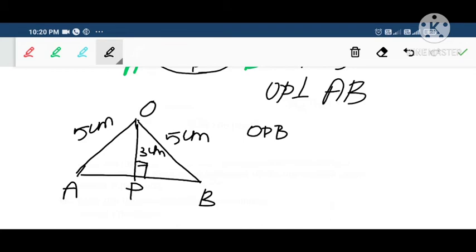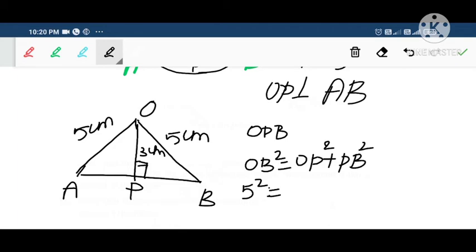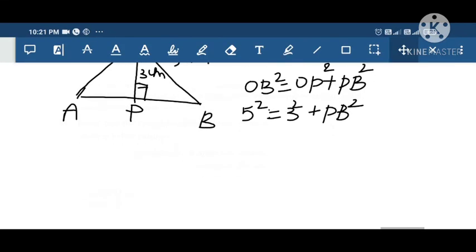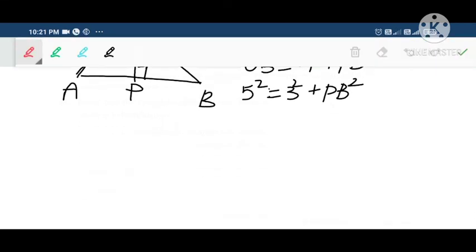So we can write OB square is equal to OP square plus PB square, by Pythagoras theorem. 5 square is equal to 3 square plus PB square. 5 square is 25, 3 square is 9.